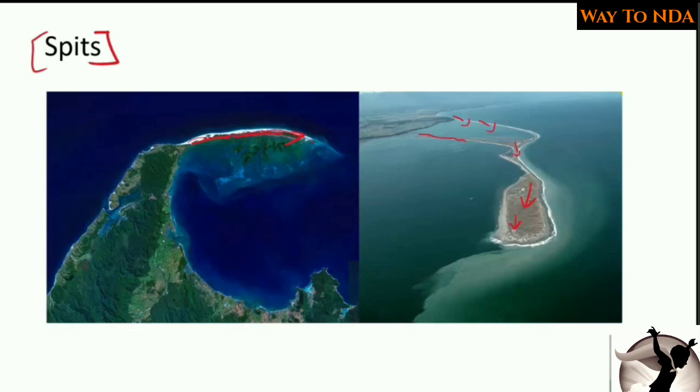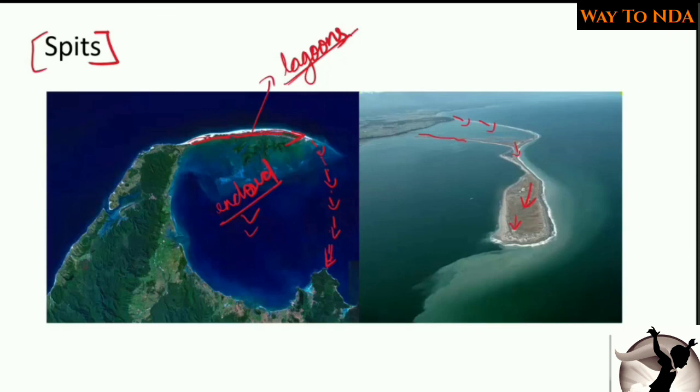And when it is totally connected, it will enclose this water area. When the spit extends and again joins the other side of the coast, this will create a new lake, and this type of lake is called a lagoon.